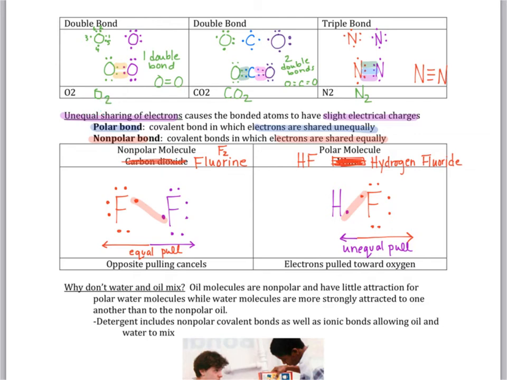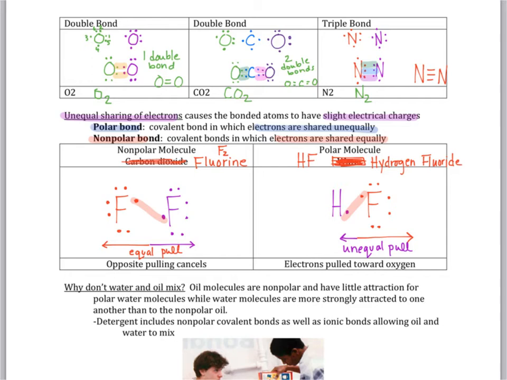In this case, we know that each oxygen has 6 valence electrons. And what we can see here is that they are sharing 2 pairs of electrons in order to create a full energy level for both of those individual atoms. So this is one double bond.